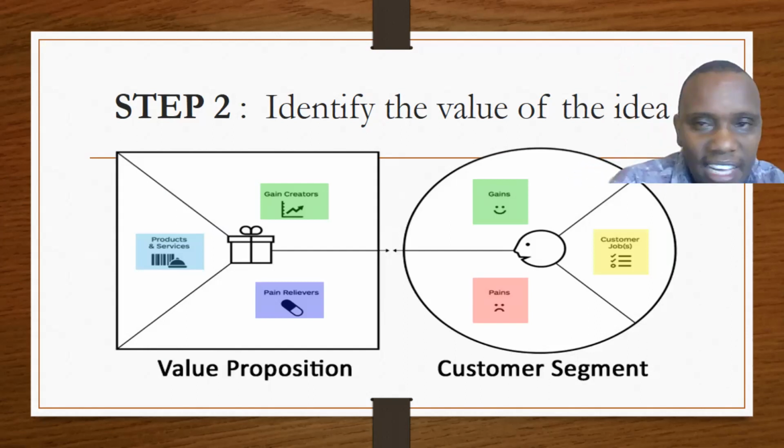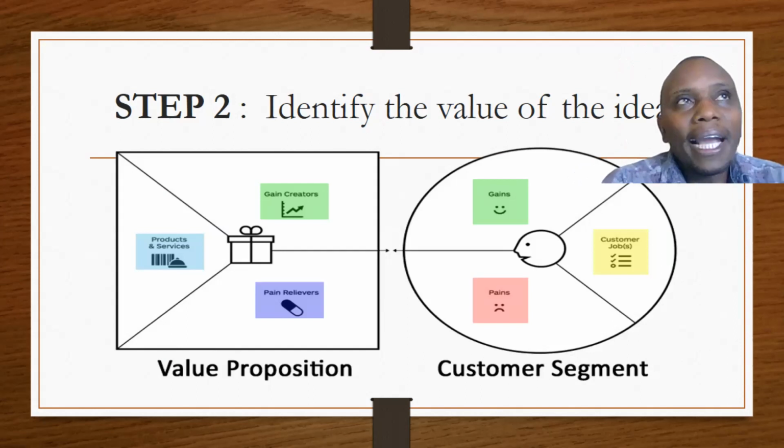Take another example. Why did the supermarkets decide to go to the estates? Because of the pains the customers had with the small shops, especially when it comes to buying many products, and also the pains they had with the prices that were being offered by those small shops.